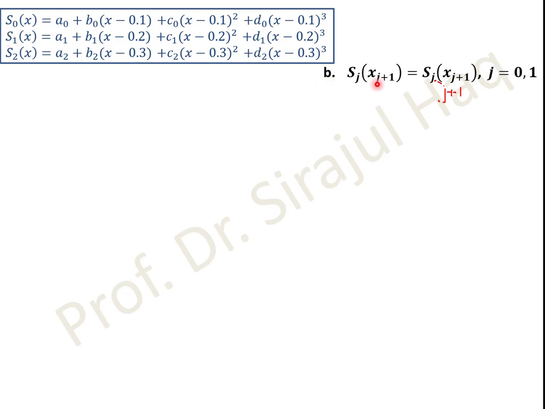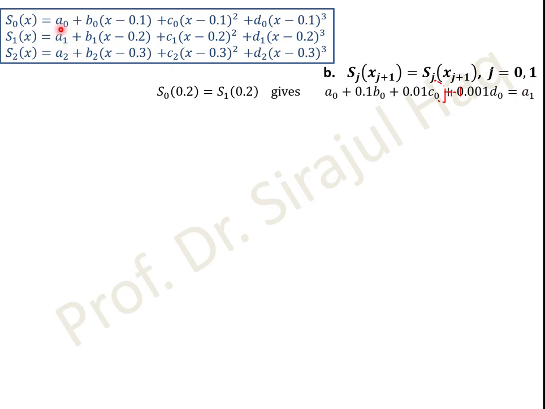So when you replace j by 0, you are getting the condition S0 at 0.2 coincides with S1 at 0.2. And when you replace x by 0.2, you can see that this portion becomes 0, and that's why you can see A1 on this side.